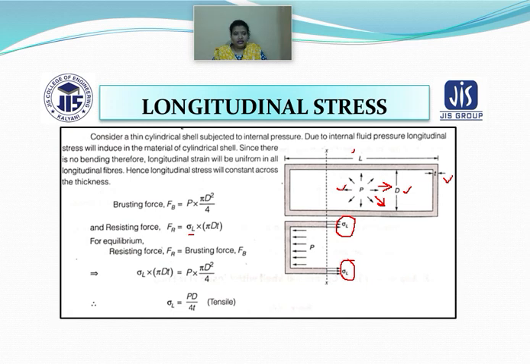If I equate the equations, because they are in equilibrium condition, the resisting force is equal to the bursting force.